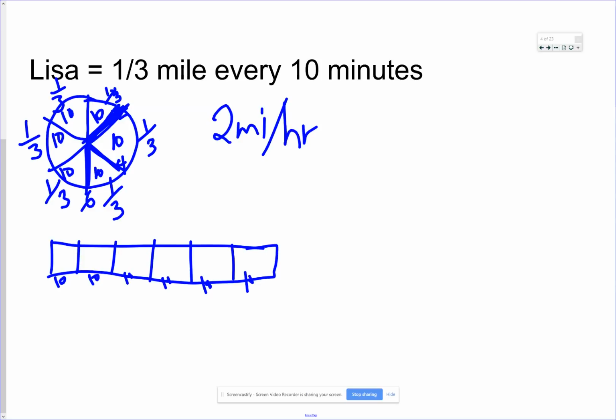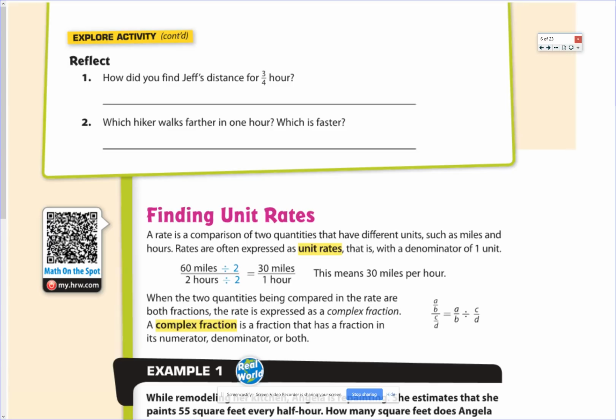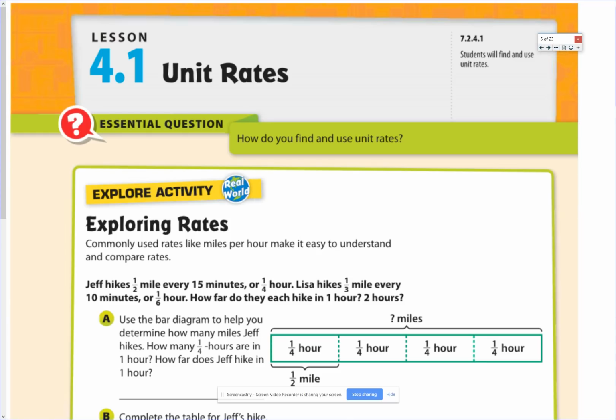And then you're thinking 1/3 of a mile, 1/3 of a mile, and so on. Boom. You still end up with 2 miles in the course of 1 hour. So really, these guys are walking at exactly the same rate of speed, which sounds kind of crazy to me, but it's true.